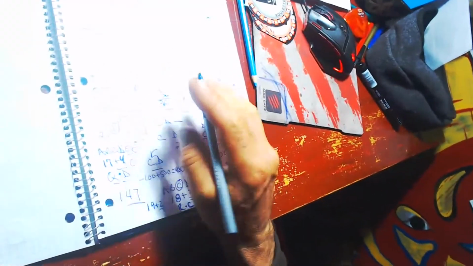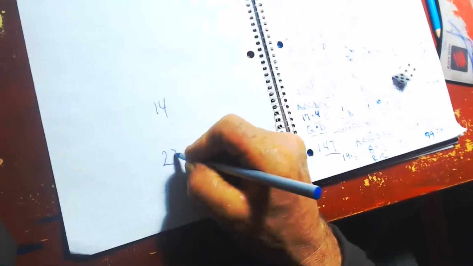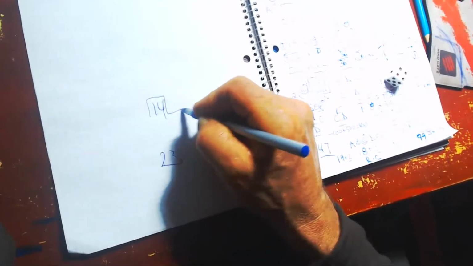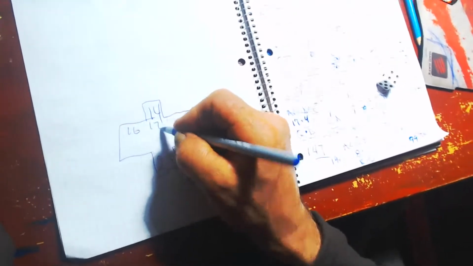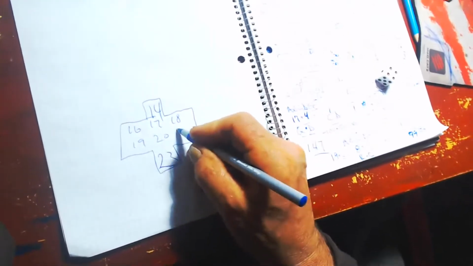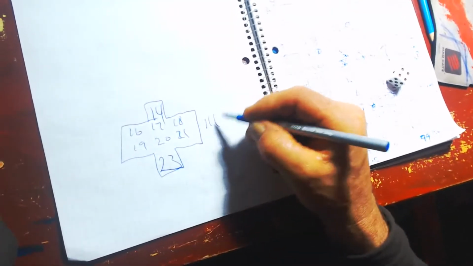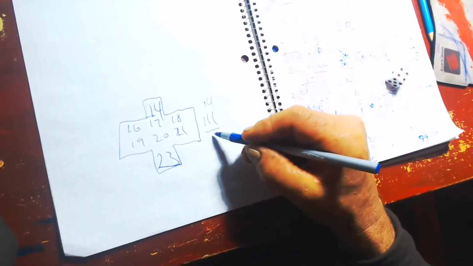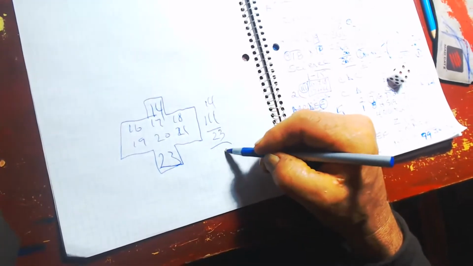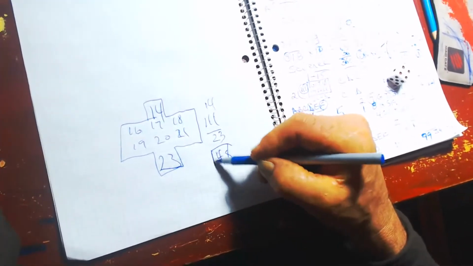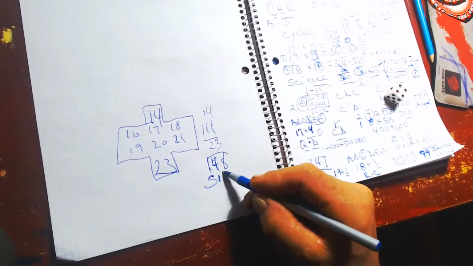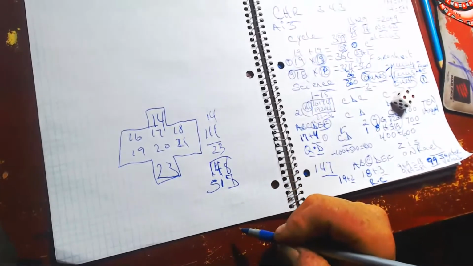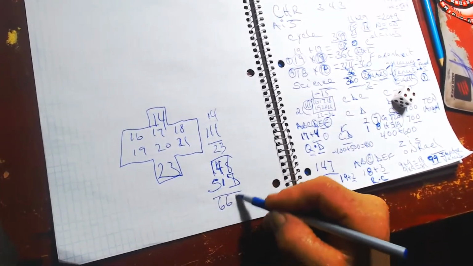But I was also thinking that if it was a puzzle piece, it would be 111 plus 14 and 23. 148. 148 and 518. 666.